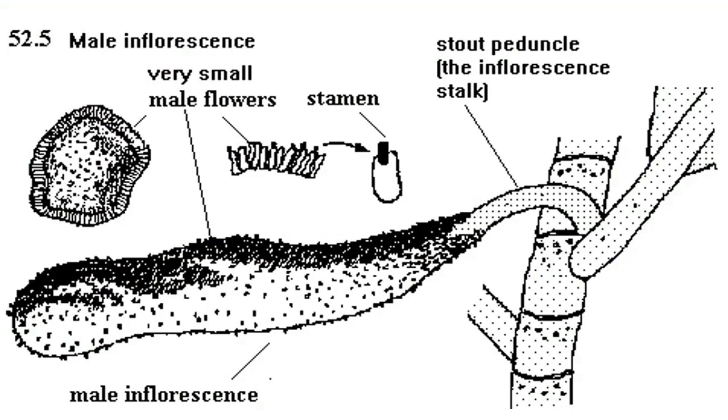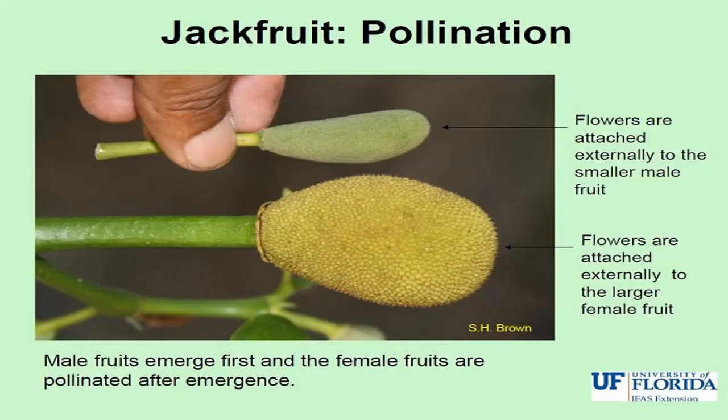Now, next one. This is mainly an inflorescence. This one is a male jackfruit structure, and you can see that there are tiny flowers, very small male flowers. Stamens are present. Similarly, we can see the same in the female one.